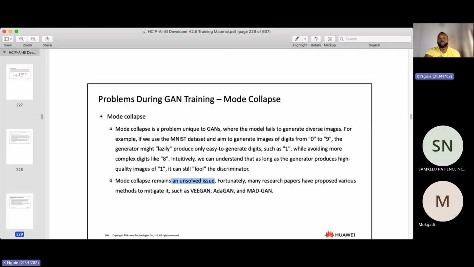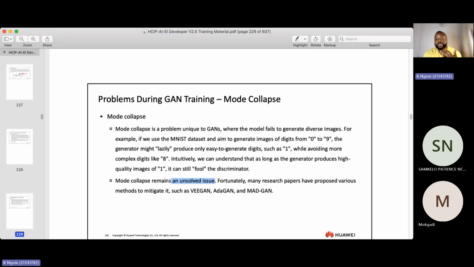Okay, to think of it visually, let's imagine a real data set with 3 clusters: A, B, and C. A well-trained generator should create samples in all 3 clusters.